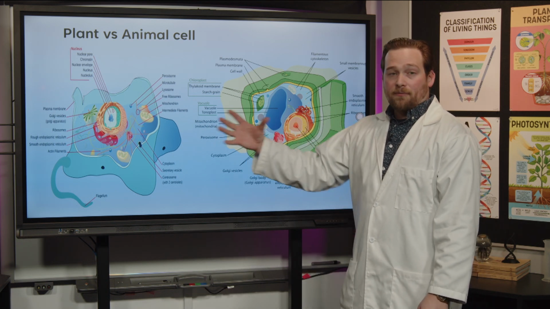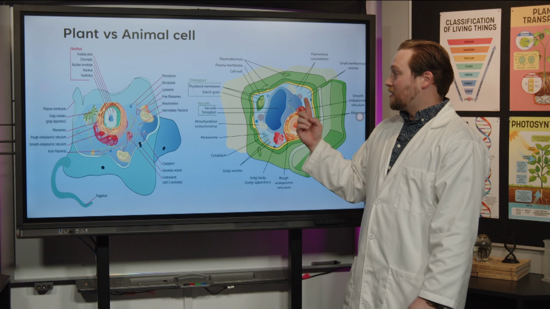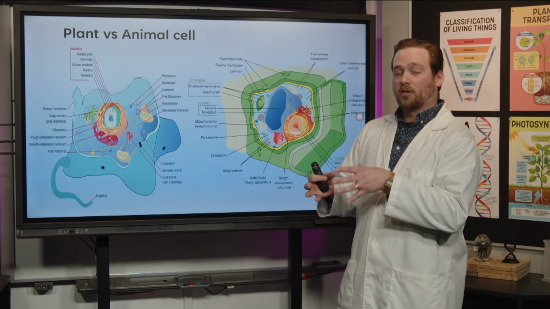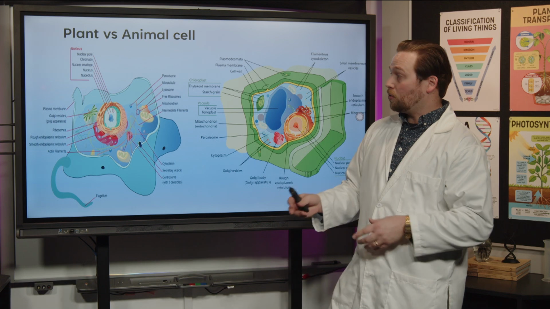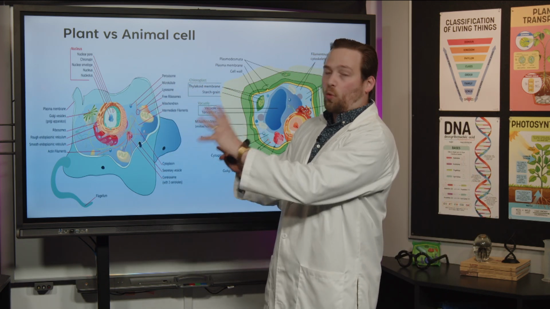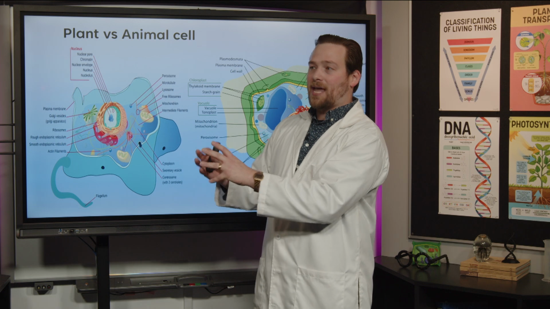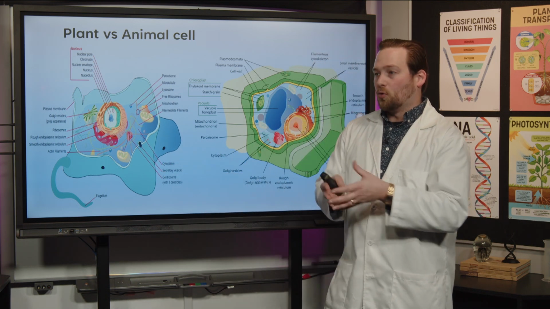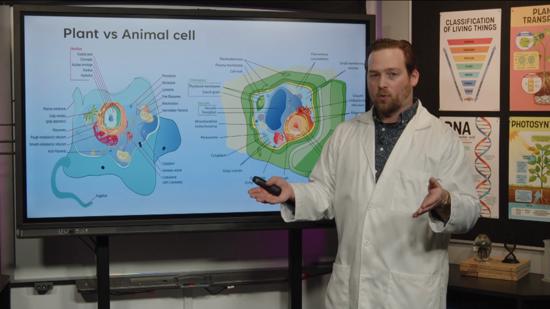Another way to tell the difference between animal and plant cells is that plant cells are more geometrically shaped. They'll either look like a square or a rectangle, whereas animal cells are more amorphous. They don't have one particular shape. They can take a lot of different shapes, okay? And even in your body, your cells can look vastly different from one another.